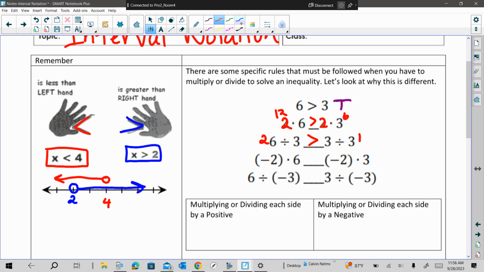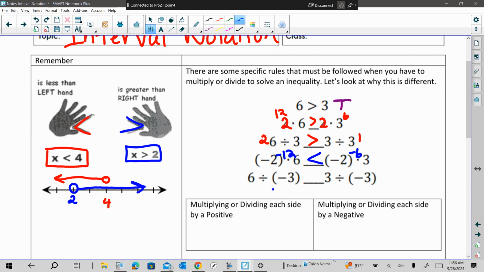Now, what if we multiply by a negative integer? Negative 2 times 6 makes it negative 12. Sorry, I just fixed that. Negative 12 on the left side here, and then I have negative 6. Well, negative 12 is not greater than negative 6. It's less than.